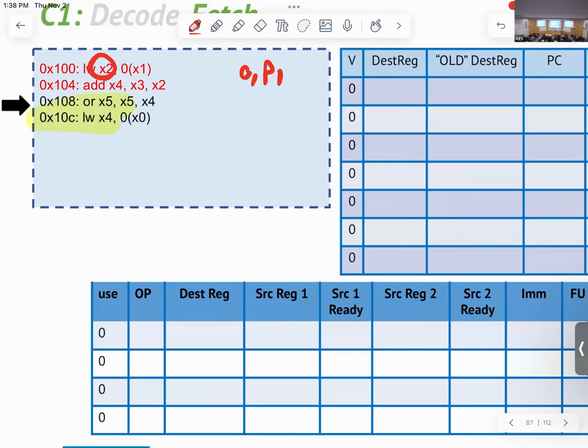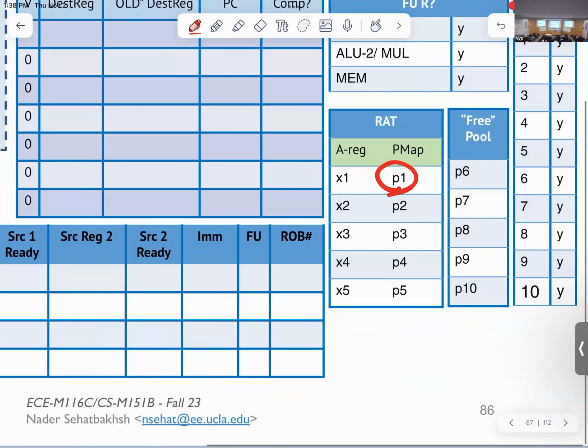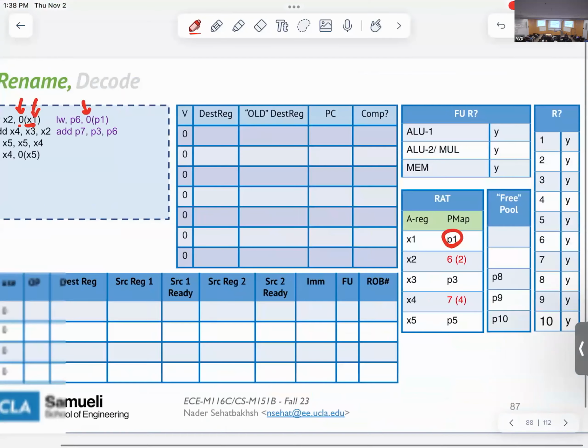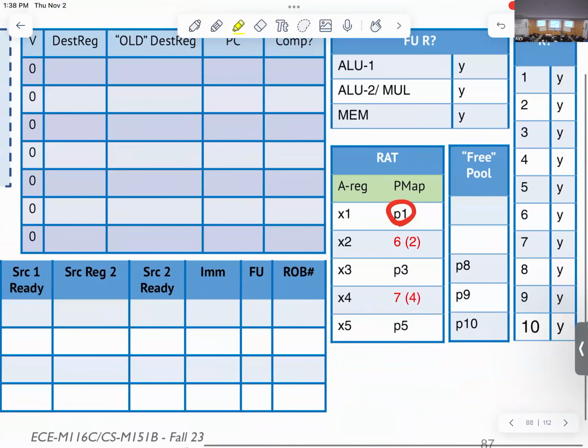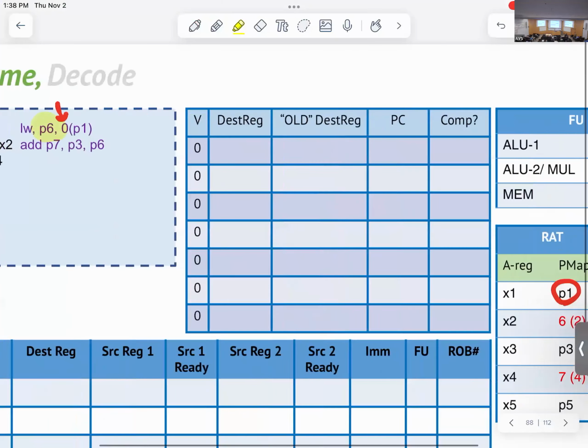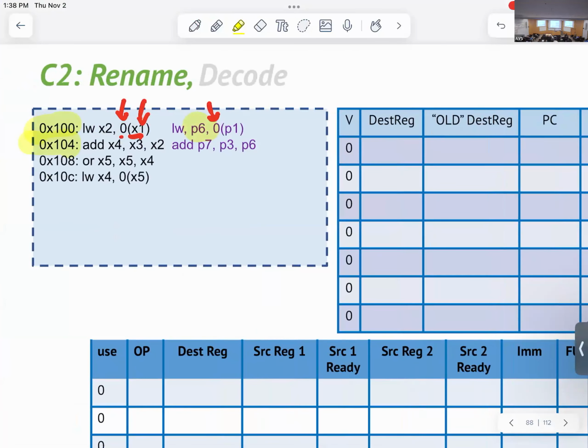I need to change this X2 to a new register. So basically what I need to do is change this to P6, okay? So I put P6 here, and I remove this P6 from the free pool, right? And that's it.